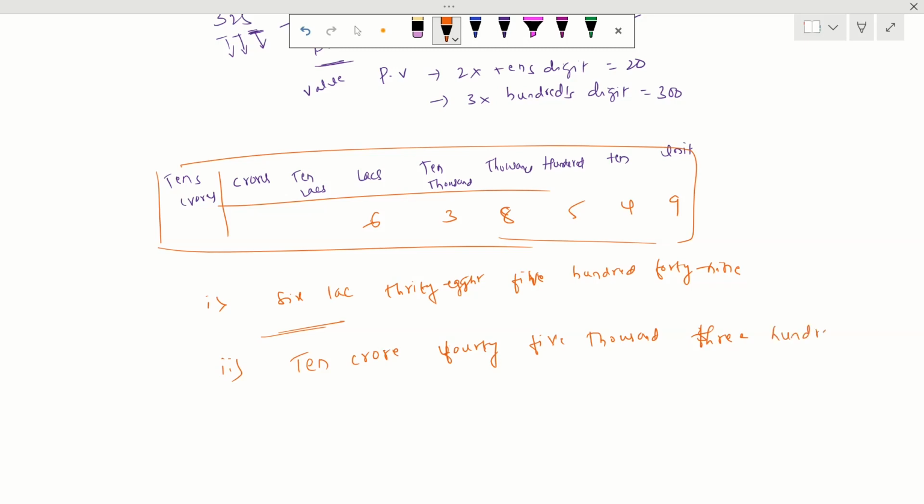How can I write it here in the table? 10 crore means here 1 0, and 45,000, 45 means 10,000 here, and 00 here, and 300 means here 300. Likewise, we can present numbers in a table form or in a word form.